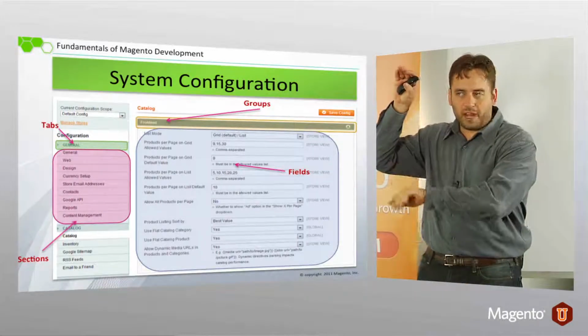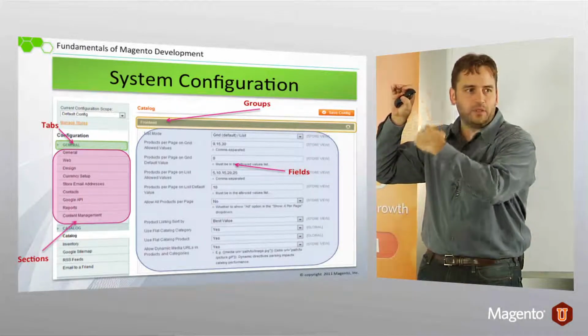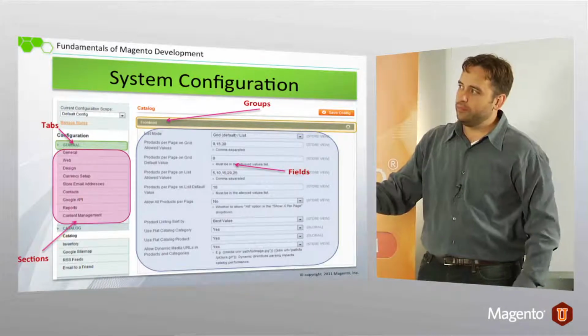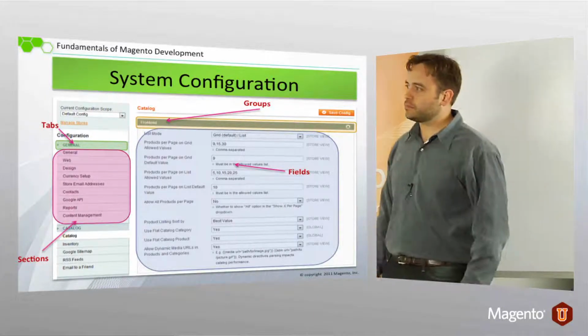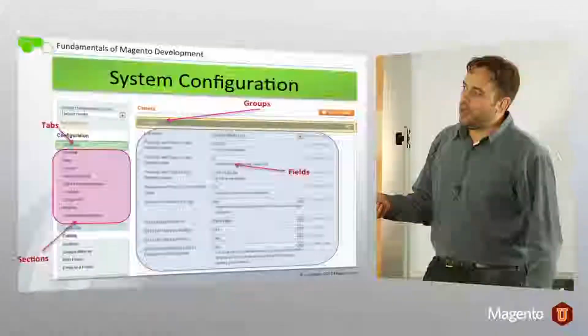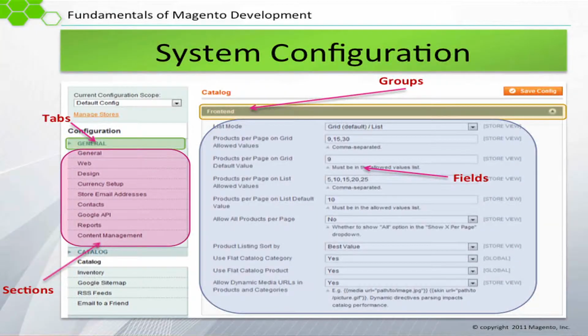A section will actually have to refer to a tab in order to end up under it. From then on, we nest everything else inside. Inside of a section node, we would have groups, and inside the groups, we declare our fields. And that's it.